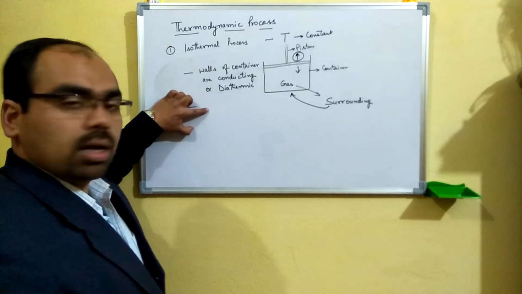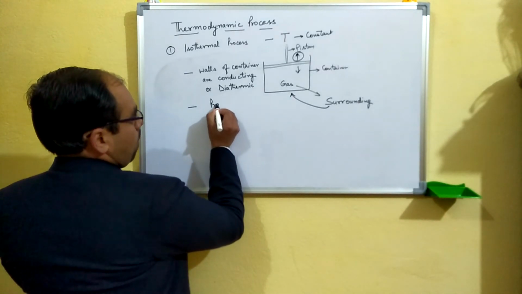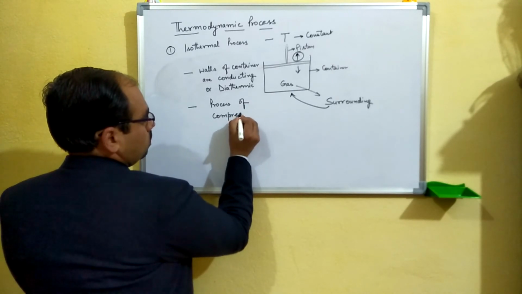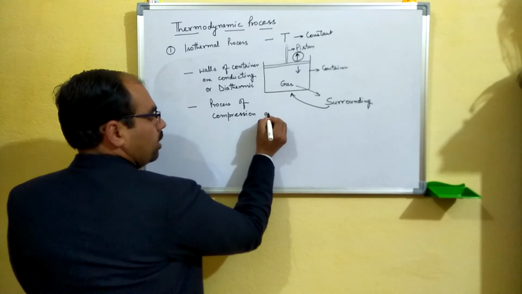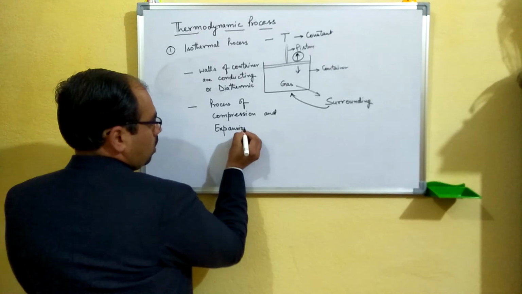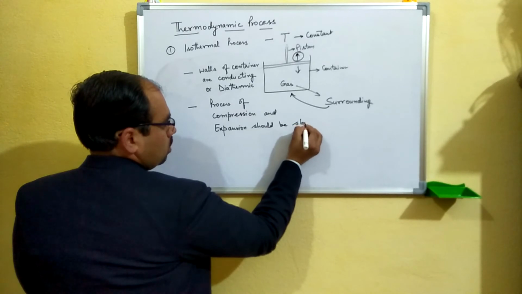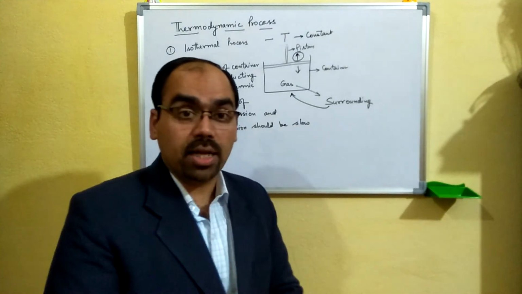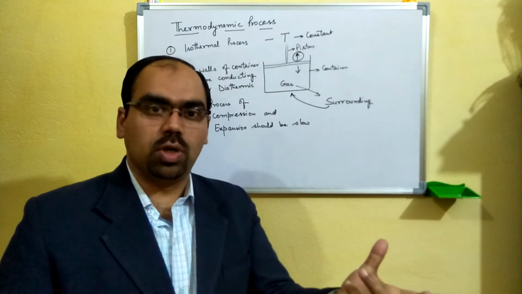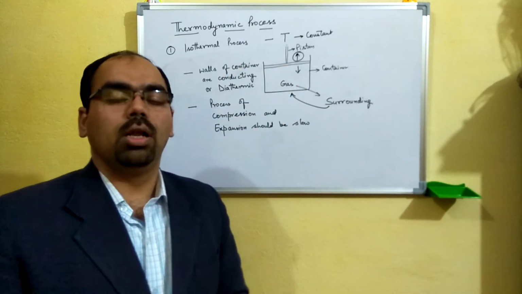So the second condition for the isothermal process is that the process of compression and expansion should be slow. Why slow? So that the transfer of heat from system to surrounding and vice versa can easily take place. That is how your system is going to be an isothermal process.